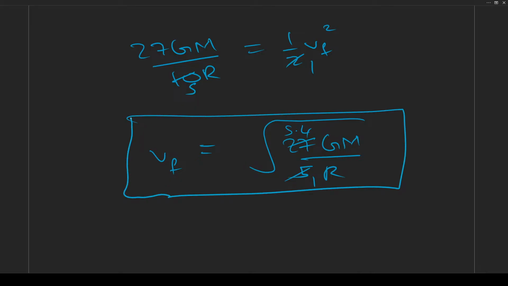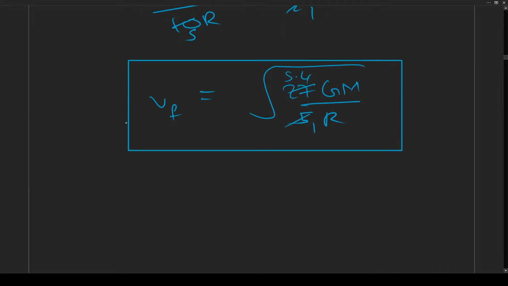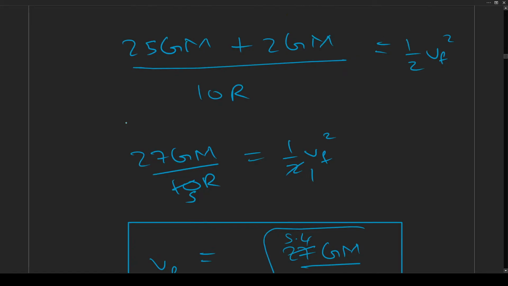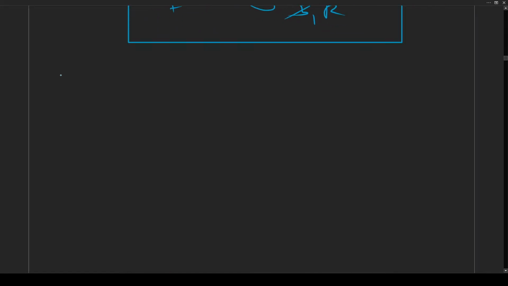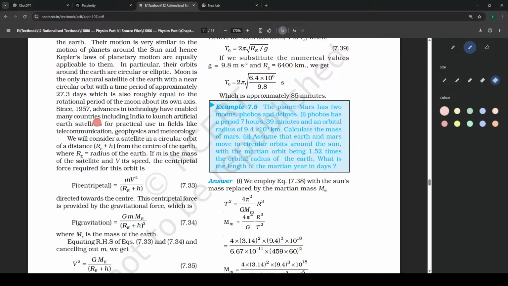This is the final velocity when the projectile is just about to hit the heavy sphere, the 4m sphere. Let's go back to reading the textbook. Okay, the calculation of the speed when it strikes the heavier sphere is left to the students. Okay, I did it.